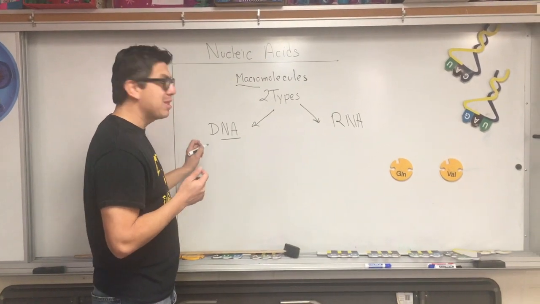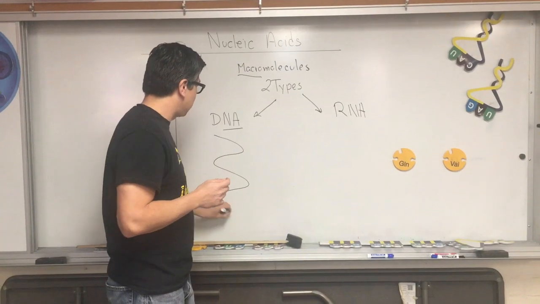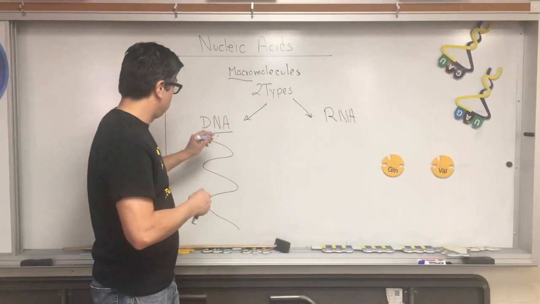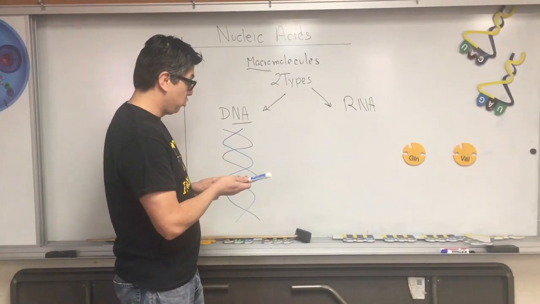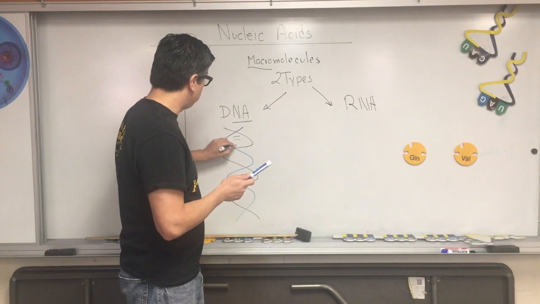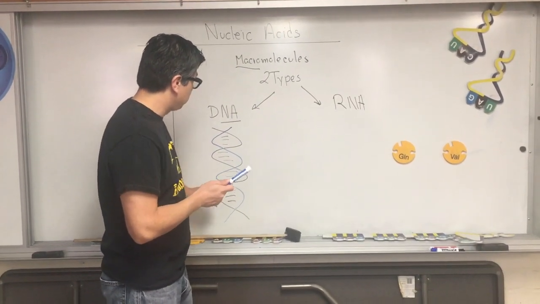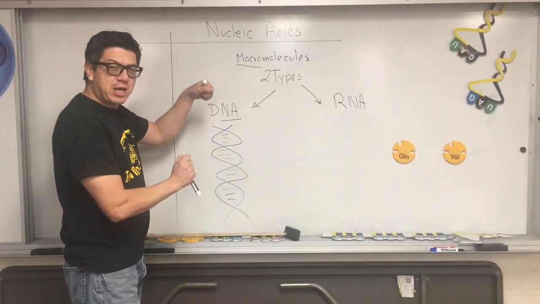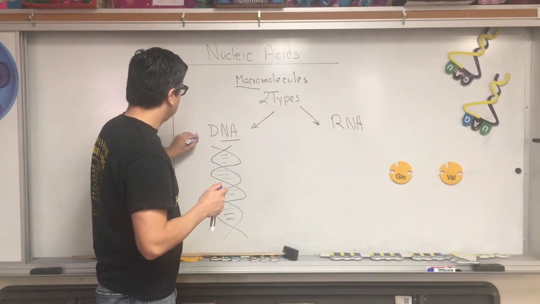Now, this molecule here has two strands. There's one, and here's another. The two strands are held together by hydrogen bonds between the nitrogenous bases. So DNA looks like this. Because it looks like a twisted ladder, it's also called a double helical structure.